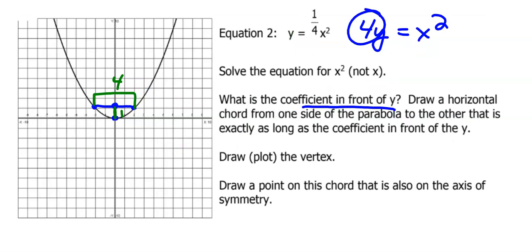Where would the directrix be? So once again, here's our vertex. Here's our focus. The distance from the vertex is length 1. So that means the directrix must be in the opposite direction of the focus from the vertex, and it has to be perpendicular to the axis of symmetry. Now remember the importance of the directrix.